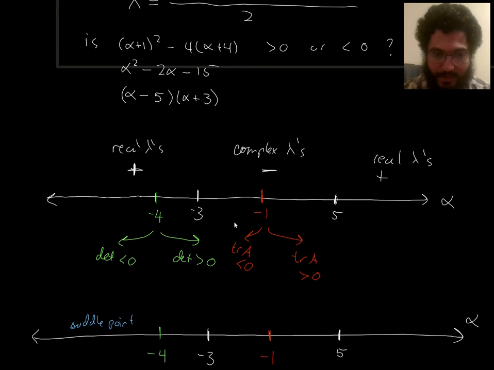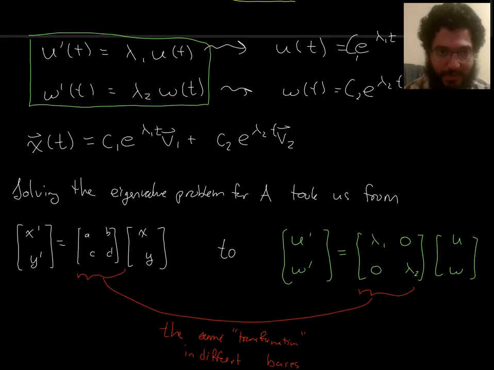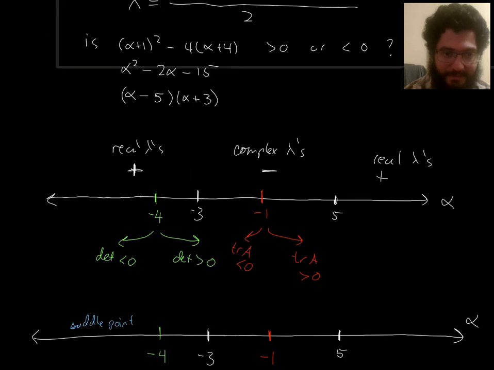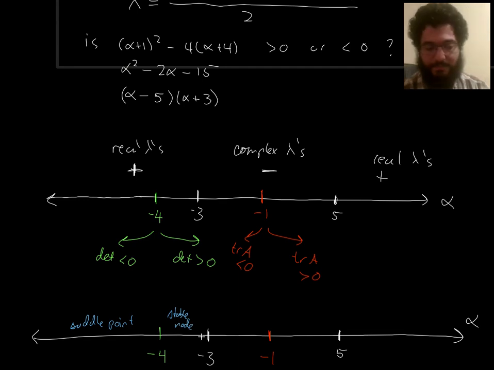I'm to the left of the negative 1, so the trace is negative. So real eigenvalues, positive determinant, negative trace, it's a stable node.